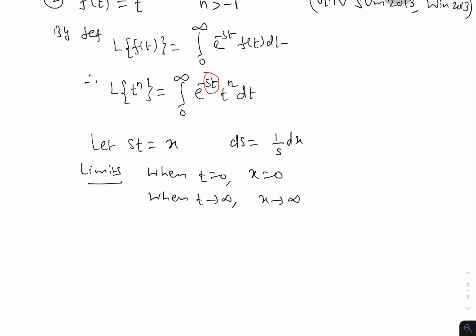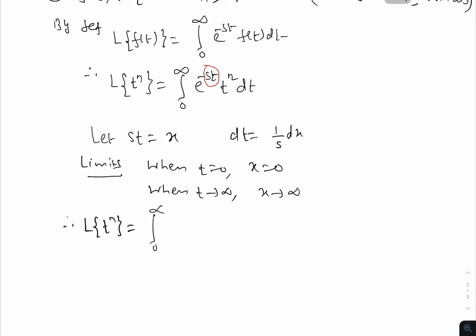So we have the Laplace transformation of t power n as the integration from 0 to infinity of e to the power minus x, and t is x by s, so x by s power n, and dt is 1 over s dx.